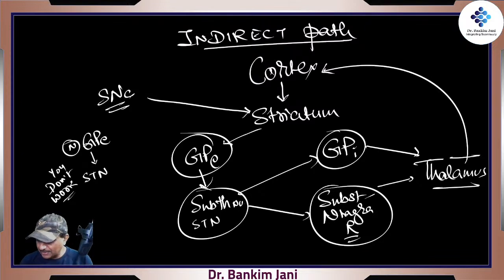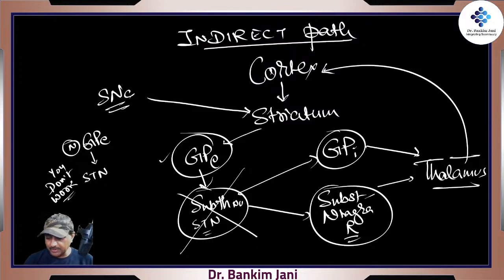So the normal pathway is that the subthalamic nucleus is inhibited, it is stopped, because if GPE is active, it is telling the subthalamic nucleus you don't speak.